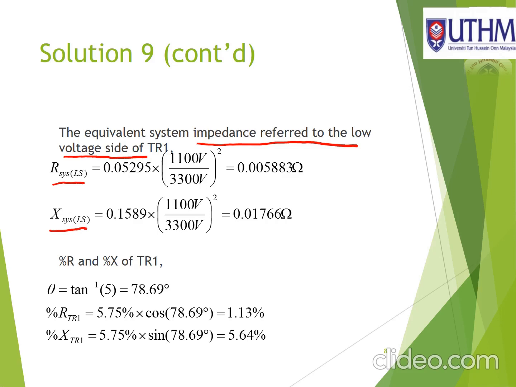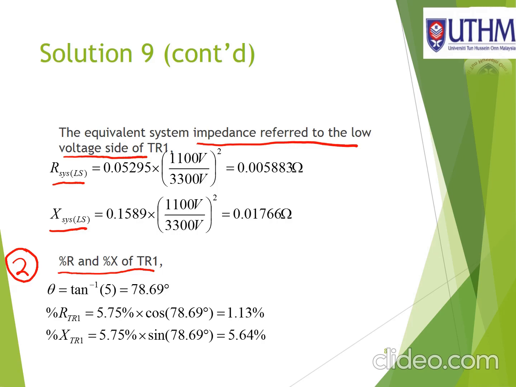Then we have to calculate the percentage R and percentage X of the transformer. This is step number 2. This formula was already explained in part 1, so you can refer to part 1 for further explanation.